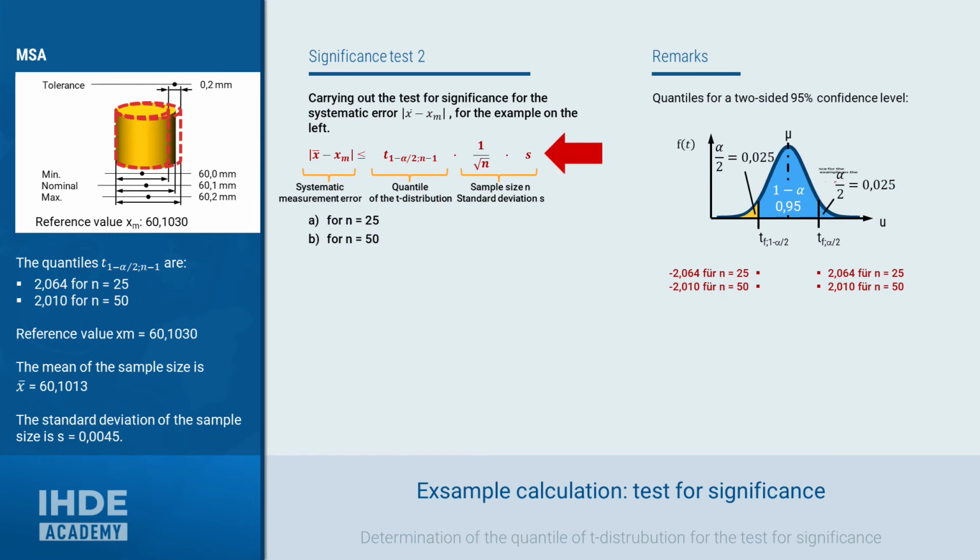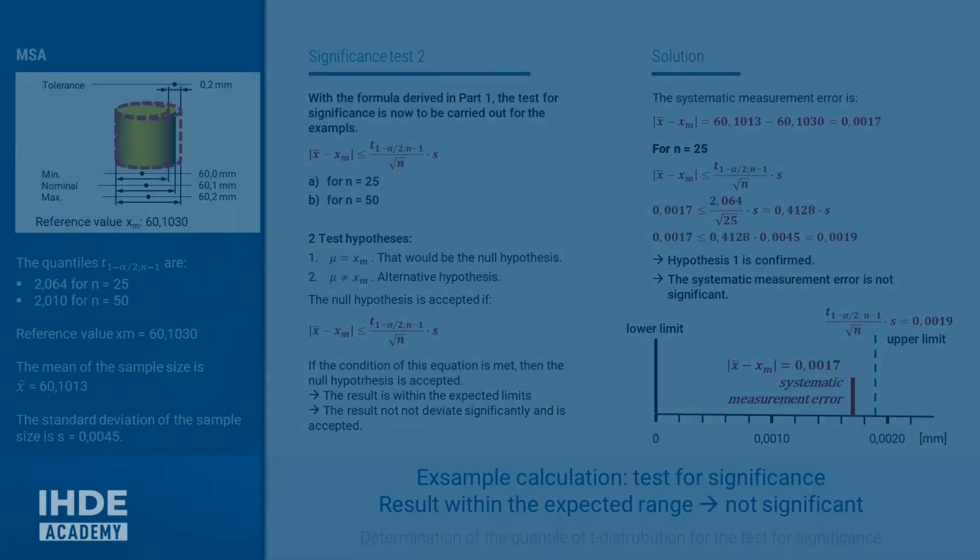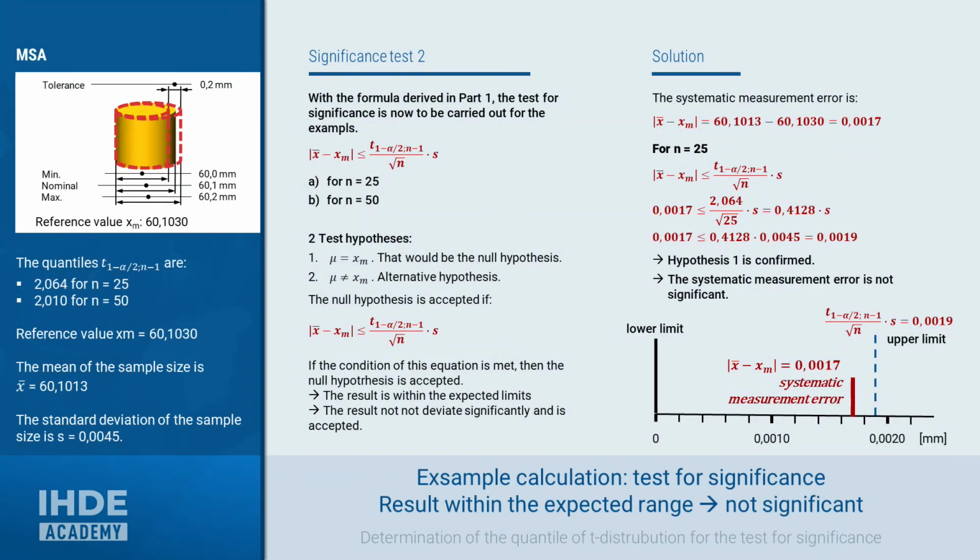We already know the formula for the significance test from the first chapter. Here it is again clearly represented with its individual factors. On the left, the systematic measurement error, then the quantile of the t-distribution, and the sample size and the standard deviation. In order not to repeat the entire first chapter, the following is only briefly repeated.